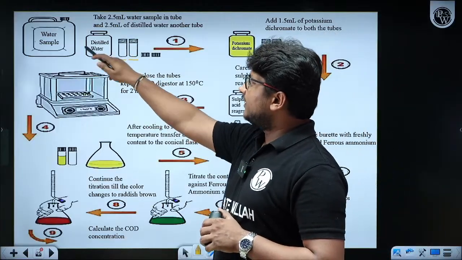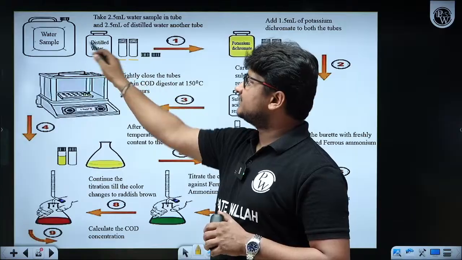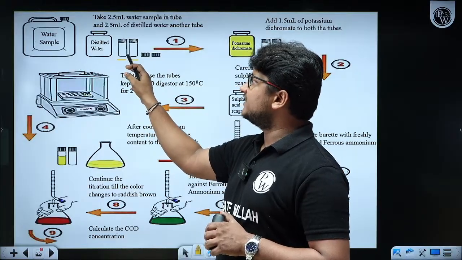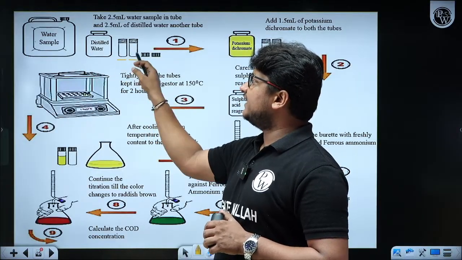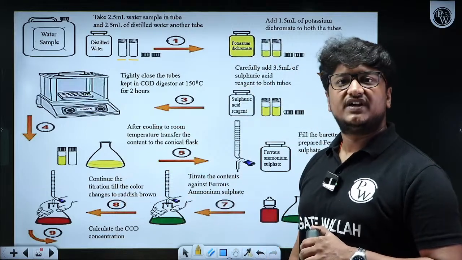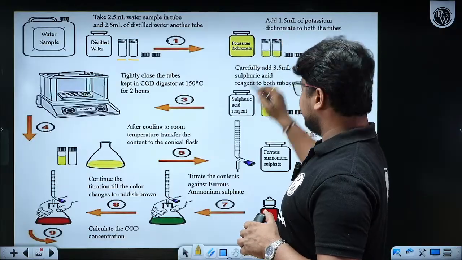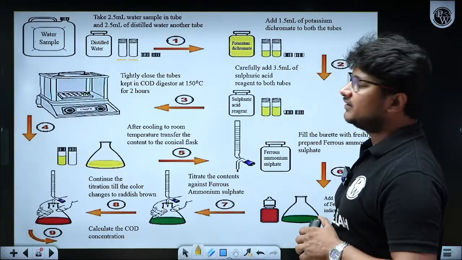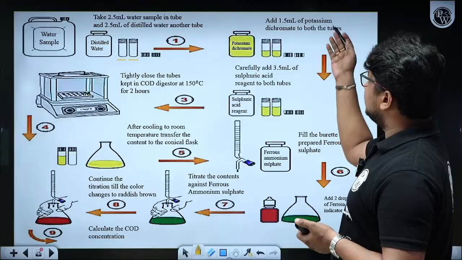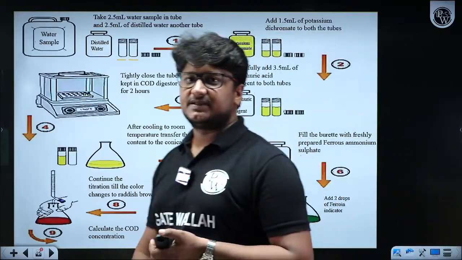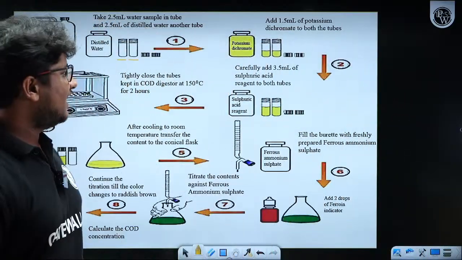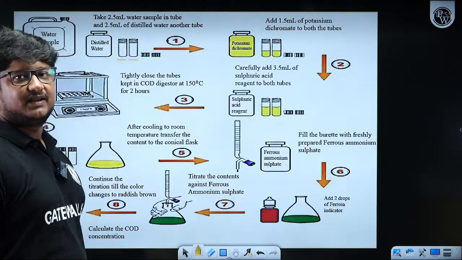So in the first tube I have taken 2.5 ml of wastewater sample. In the second tube I have taken 2.5 ml of distilled water. Now you add 1.5 ml of potassium dichromate. It is nothing but an oxidant. Once you add this, then you add H2SO4 for the acidic medium condition.